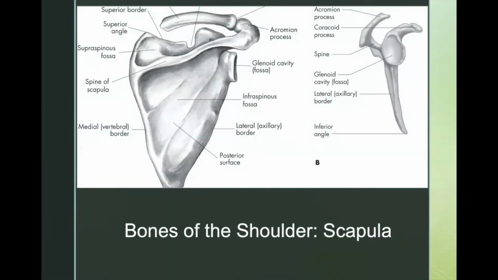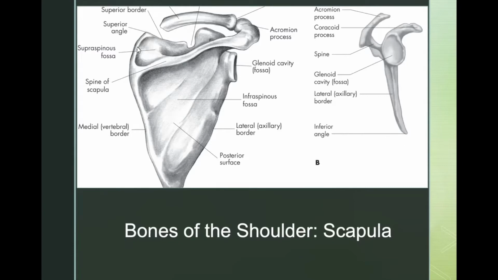Here again, we have the bones of the shoulder, starting with the scapula. We have these various aspects of the scapula, just to review: the superior border, the superior angle, the inferior angle down below, which we can't see so much in this shot, but we can see it over in this drawing on the right.